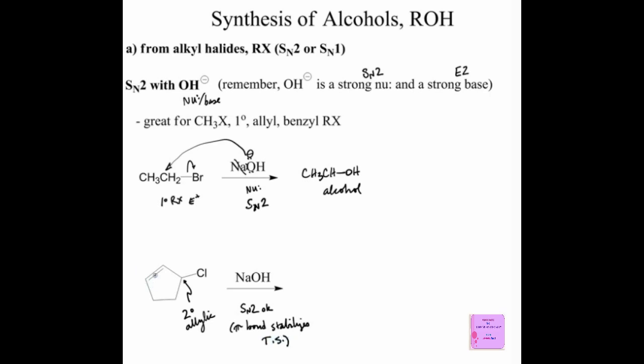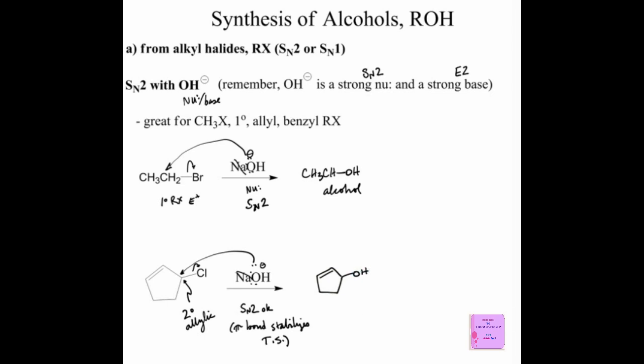So we have p orbitals here, and we form a p orbital as the nucleophile is kicking out the leaving group, and so that helps make the SN2 a faster reaction, so it competes better. So this is another case where even though it's secondary, you would probably get as your major product the substitution product.